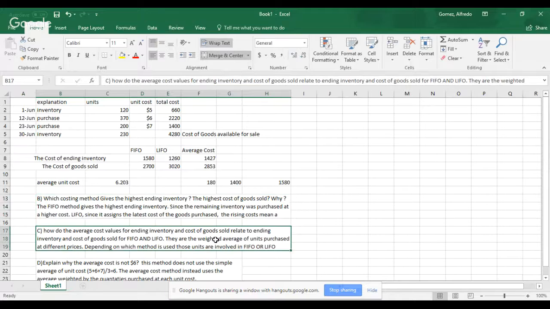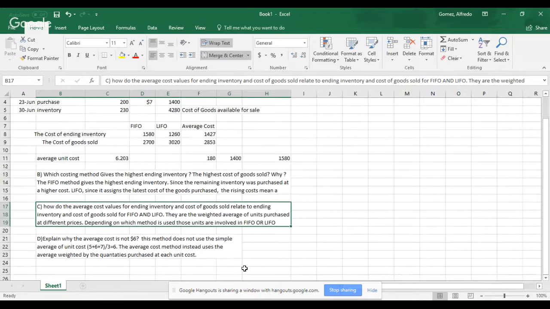How do the average cost values for ending inventory and cost of goods sold relate to those for first in, first out, and last in, first out? They are the weighted average of units purchased at different prices. Depending on which method is used, those units are involved in first in and first out, or last in and first out.